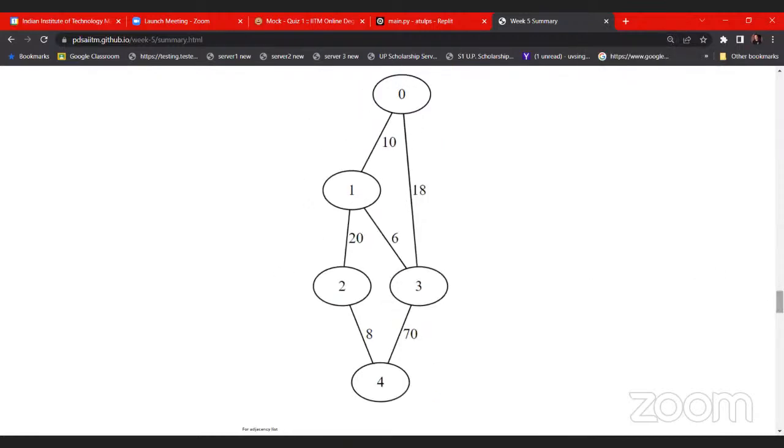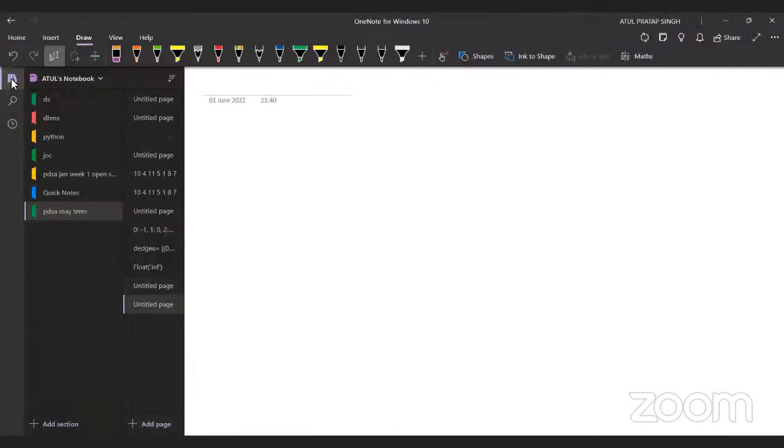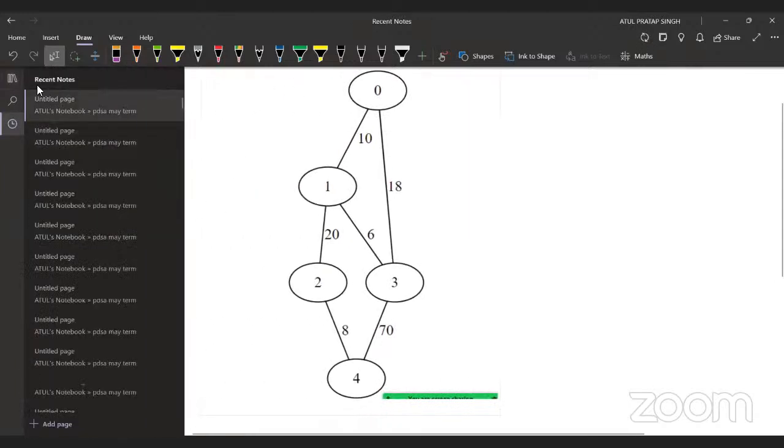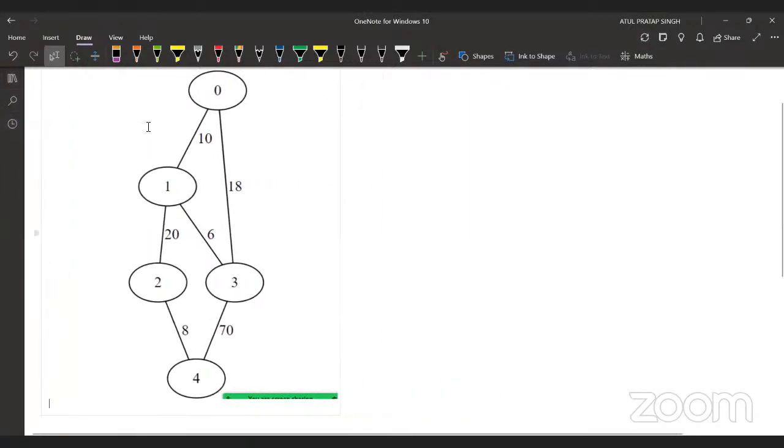For example, this is a graph, and we will compute the minimum spanning tree for this graph. In Prim's algorithm, we apply a procedure similar to Dijkstra's algorithm. First, we initialize.